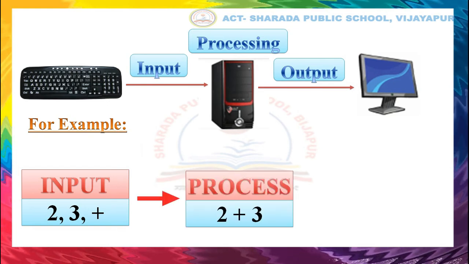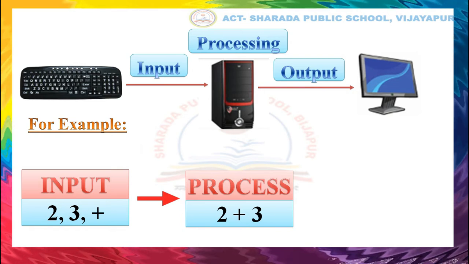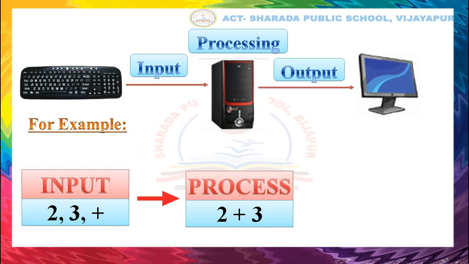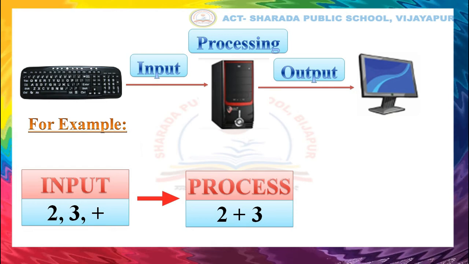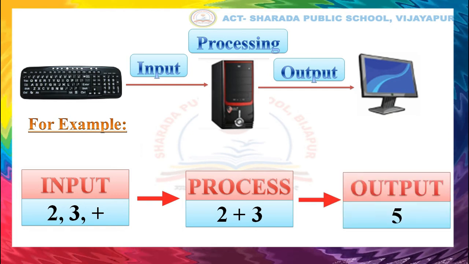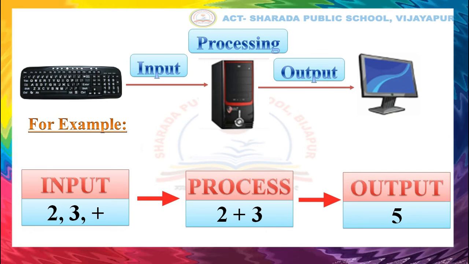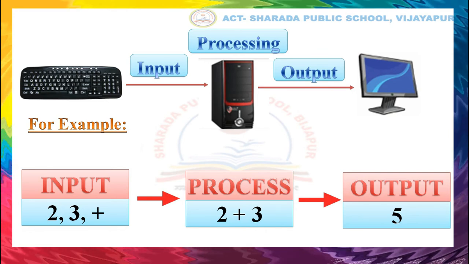Now processing. 2 plus 3. The computer will work on the data according to the instructions. That is, it will add the numbers 2 and 3. Next is output. 5 is the result or output of sum 2 plus 3 is 5.